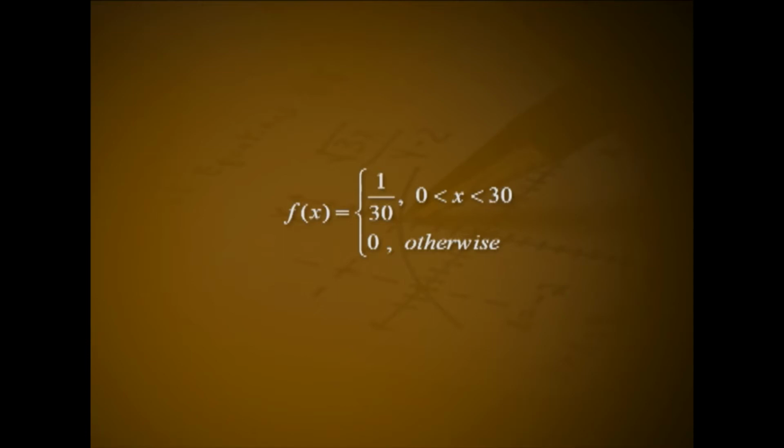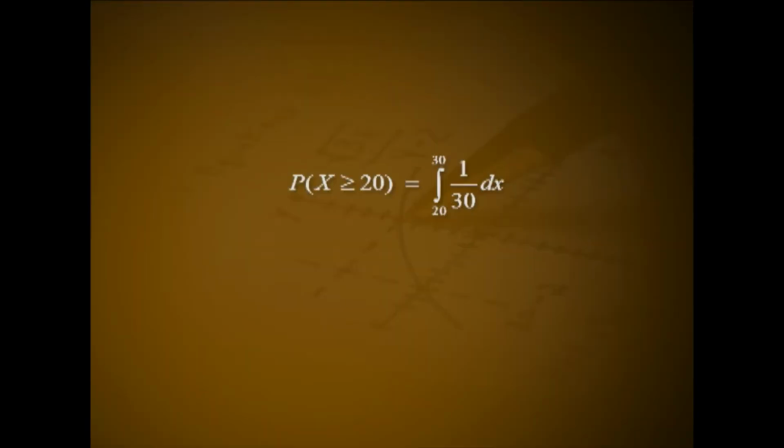Then the PDF of X is f(x) equal to 1 by 30 for 0 less than x less than 30 and equal to 0 otherwise. The probability that the waiting time is at least 20 minutes is probability of X greater than or equal to 20, that is the integral from 20 to 30 of 1 by 30 dx, that is 1 by 30 into (30 minus 20), that is 1 by 3.